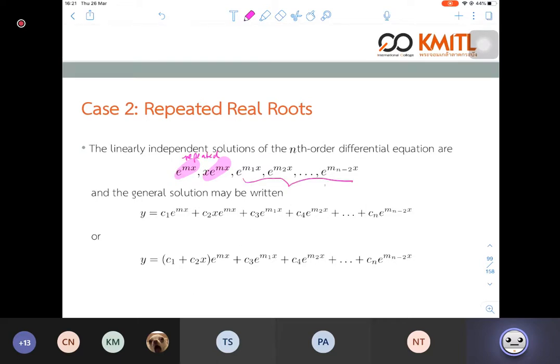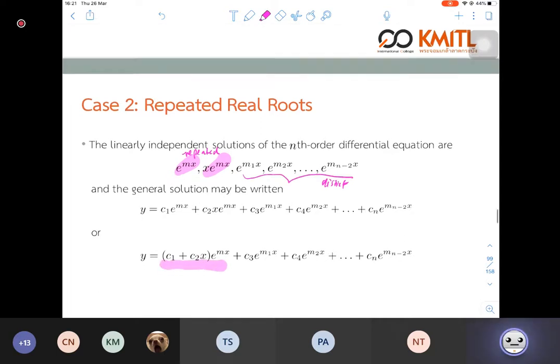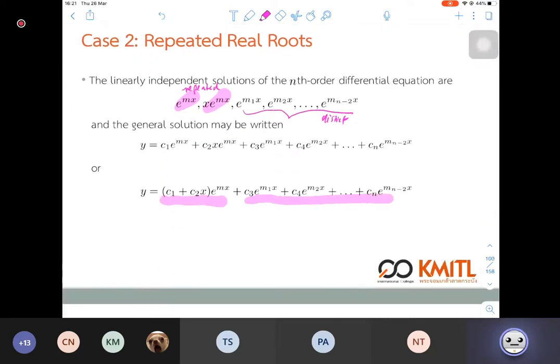And the rest, okay? So what is repeated, you have to put into this form. What is not repeated is from the first case we have done, right? You can have just two roots repeated and the others distinct. So it's the general solution you have to put on, okay?